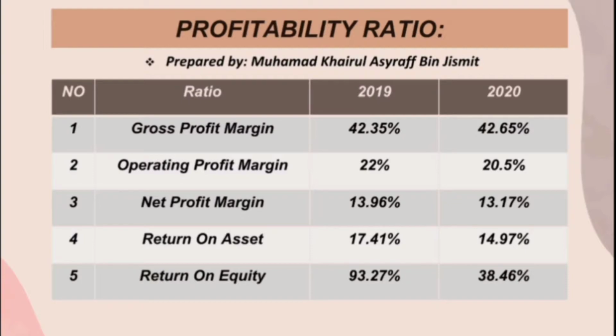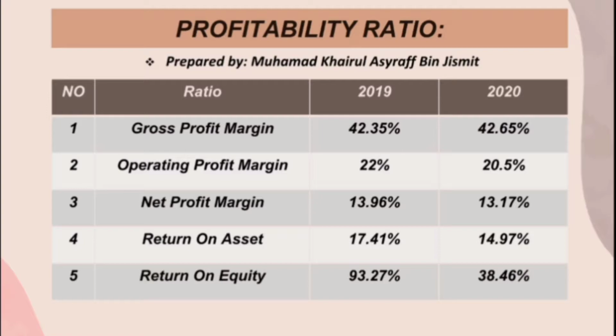First, the percentage of gross profit margin from the year of 2019 to the year of 2020 is increasing from 42.35% to 42.65%. It shows that the remaining cash the firm has after paying its trade credit increased a little bit.